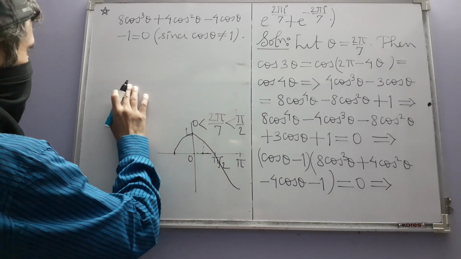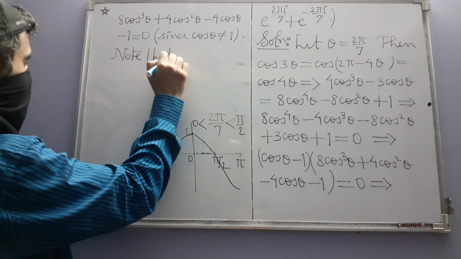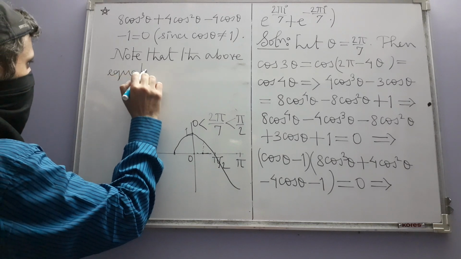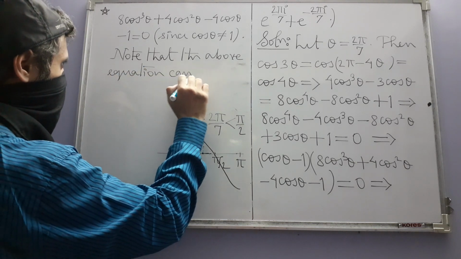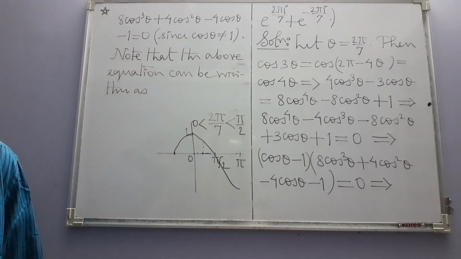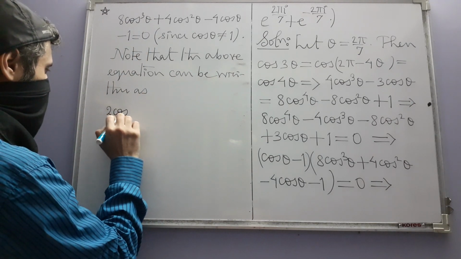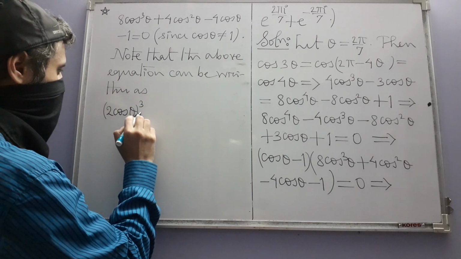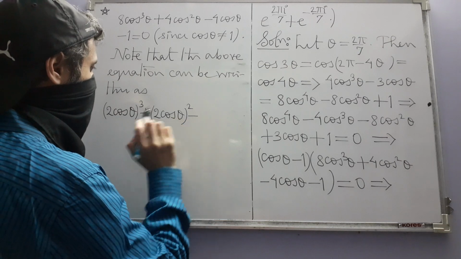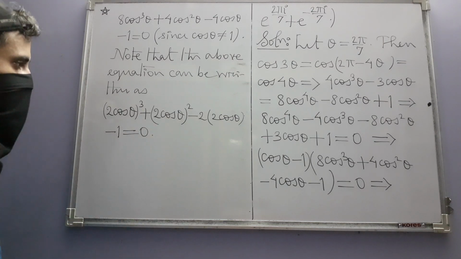But now if you look carefully, you will see from this final equation, note that the above equation can be written as this: 2 cos theta whole cube plus 2 cos theta whole square minus 2 times 2 cos theta minus 1 equal to 0.